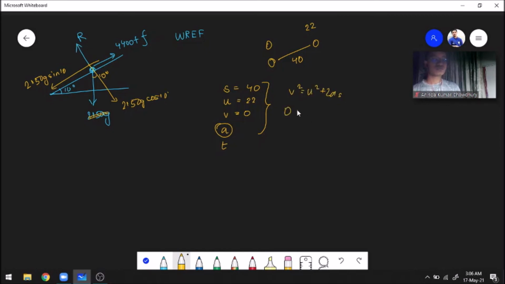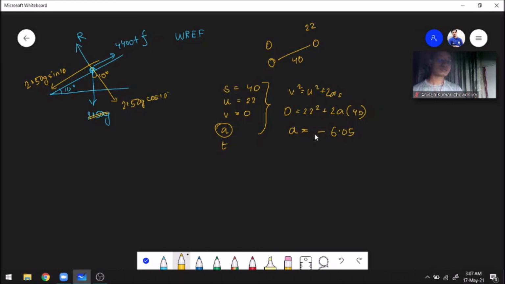So v is 0, u is 22, and displacement is 40. Our acceleration turns out to be minus 6.05. Minus means that our car is decelerating, which is pretty obvious.